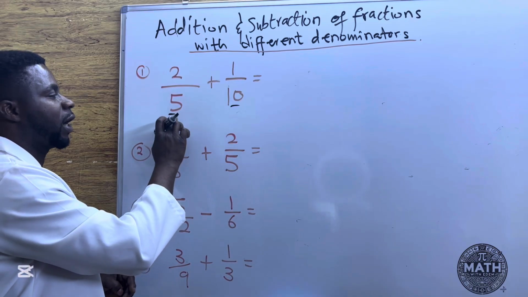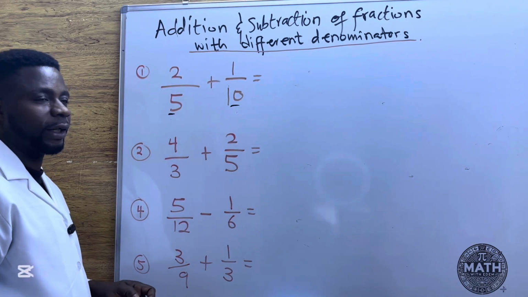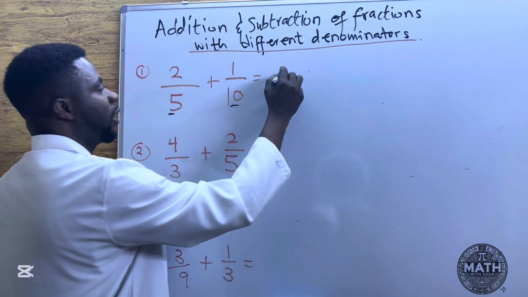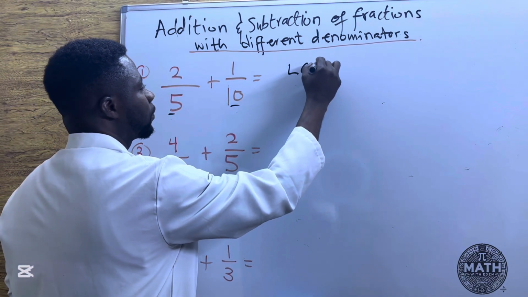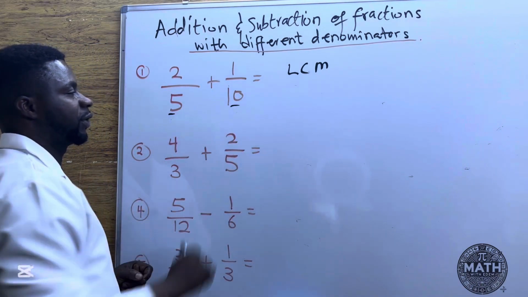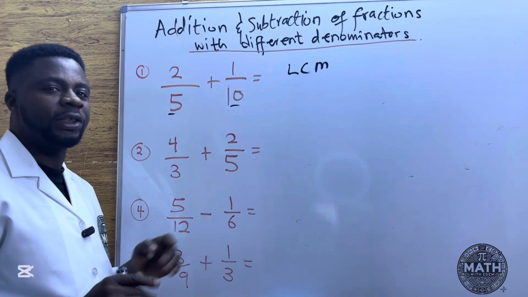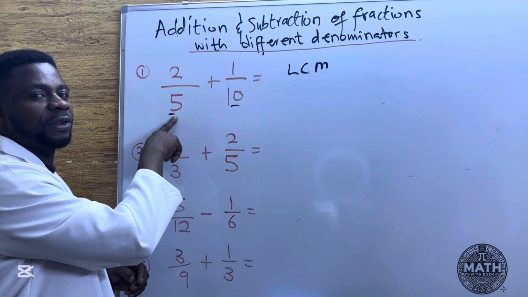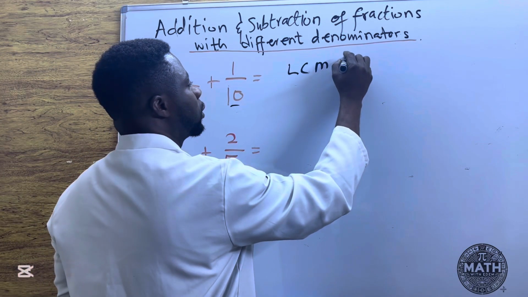So we have here 5 and then this is 10. How can we make these denominators the same? We are going to find the LCM, or the lowest common multiple, for the two denominators. So first, let's look at the multiples of 5.